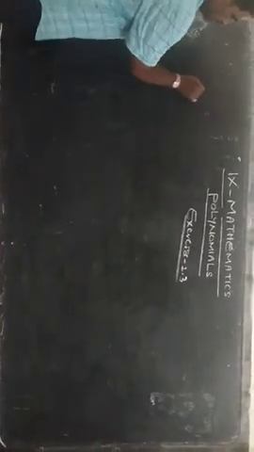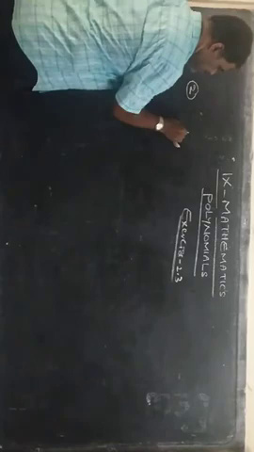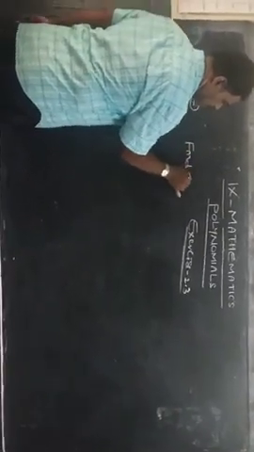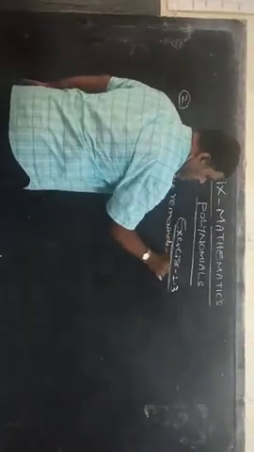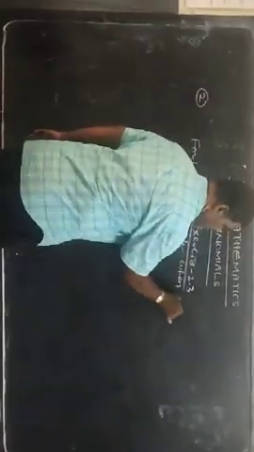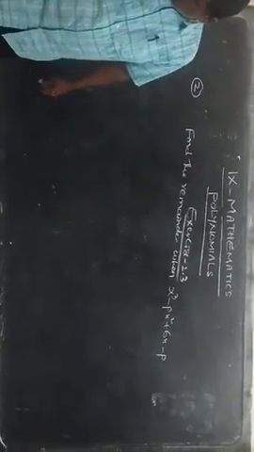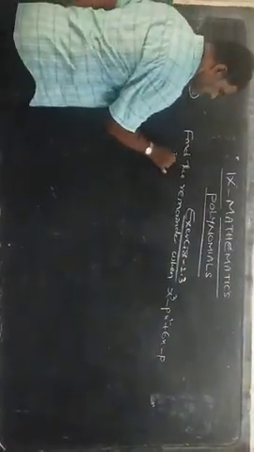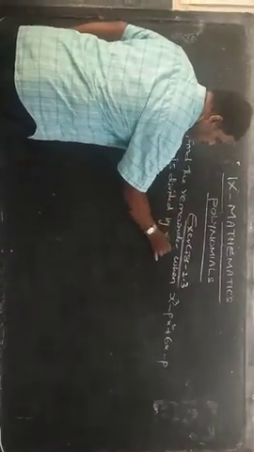Right, second problem. Find the remainder when x cube minus px square plus 6x minus p is divided by x minus p.